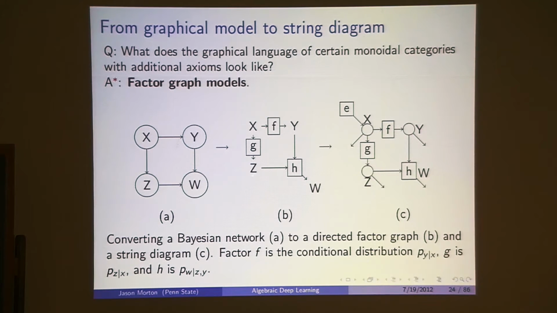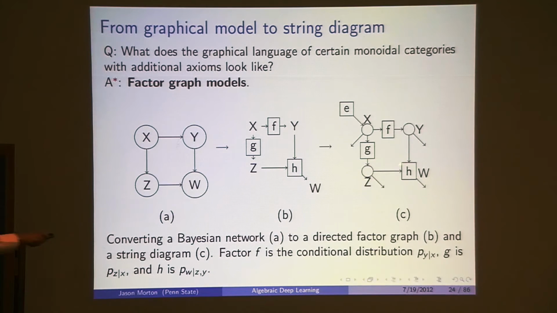Similarly for x to z, and then since z and y both go into w, I have to marry the parents and represent it as a conditional that links these two because they have the same normalizing factor. And so that's this third box h, which is the third factor. That's the conditional distribution of w on the state of y and z. So that's the factor graph model.